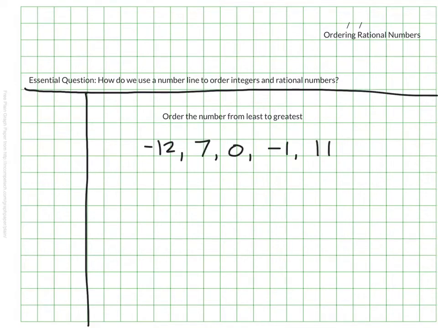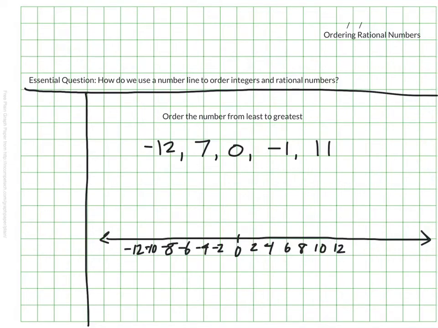I have the numbers here listed: -12, 7, 0, -1, and 11. And to order these, let's first draw a number line. I've drawn a number line, I put 0 in the center, and I extended my line in both directions. Now we'll graph the numbers on the number line. I know that -12 is down here, so I've got that one taken care of.